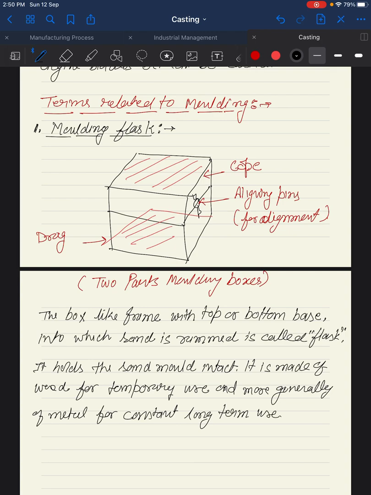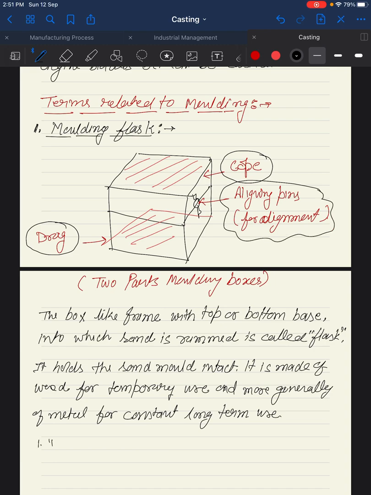Okay, it will depend on our requirement. If we are doing a casting for a small time, then we go for the flask or cope and drag boxes made of wood. But if we use it for a long time for mass production, then we have to switch to metals so that we can use it again and again.